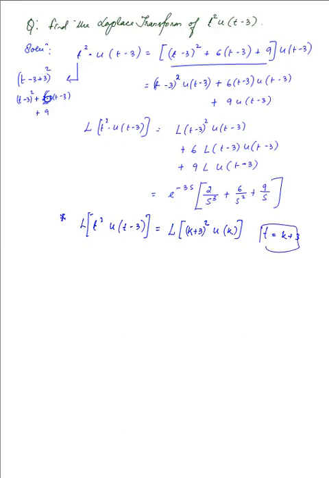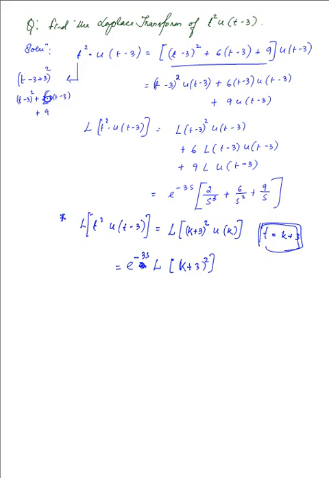So we simply have this as the Laplace transform of (k plus 3) squared, and as far as the second shifting theorem is concerned, we will be having e raised to the power minus 3s over here.